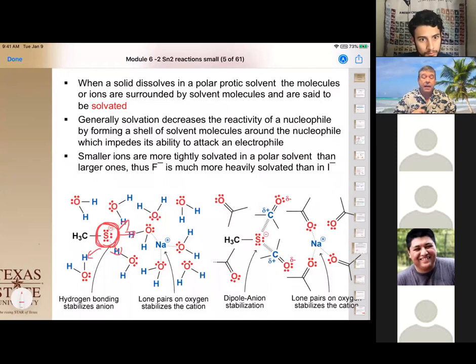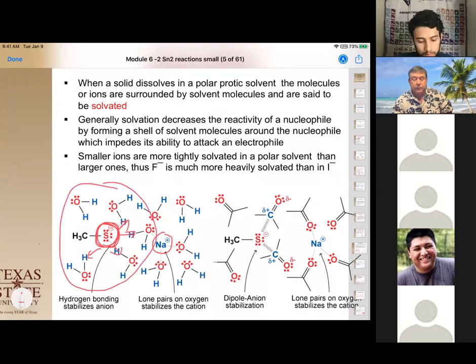Okay. And then the sodium ion that was attached to it is going to dissociate, and it's going to be stabilized by the lone pairs on the oxygen. So that's how this molecule is going to dissociate in water. Okay. And so in general, when we do this, it decreases the nucleophilicity of the molecule because we have so many of these water molecules hydrogen bonding around it.